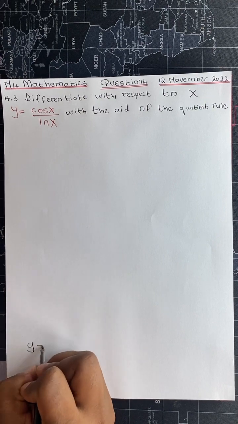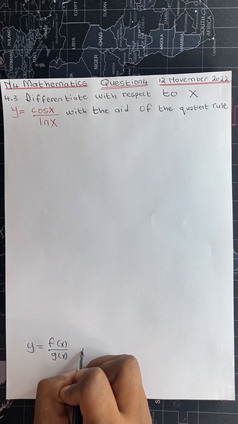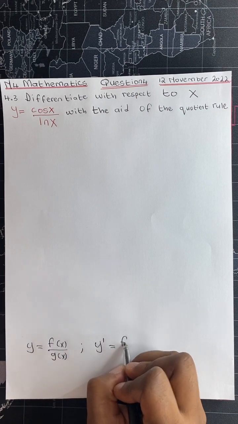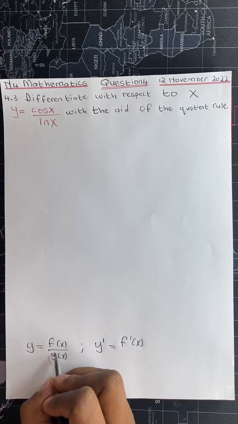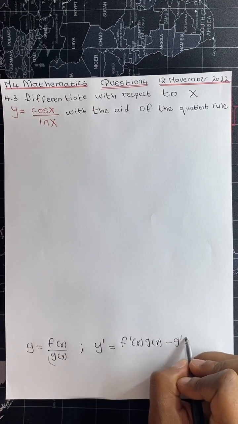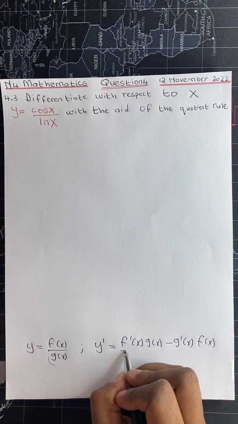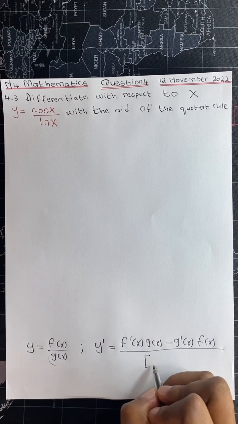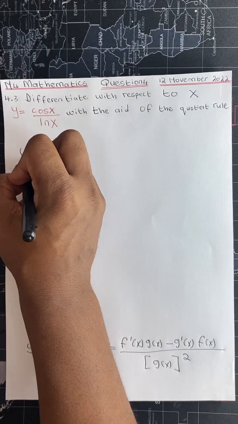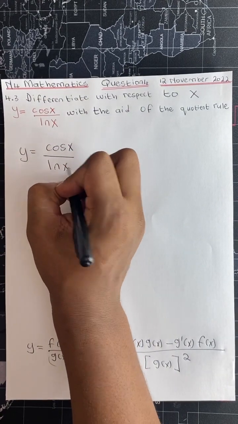If you have y equal to f of x divided by g of x, the derivative of y with respect to x will be equal to the derivative of f of x multiplied by g of x, minus the derivative of g of x multiplied by f of x, all of which will be divided by g of x squared.